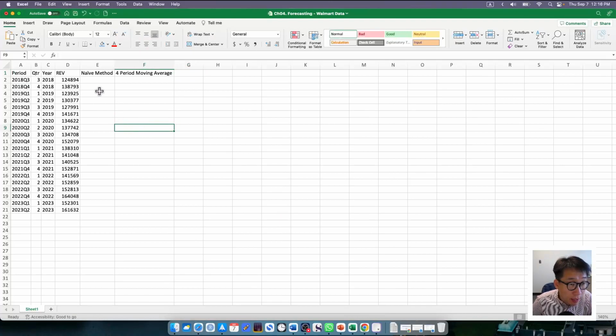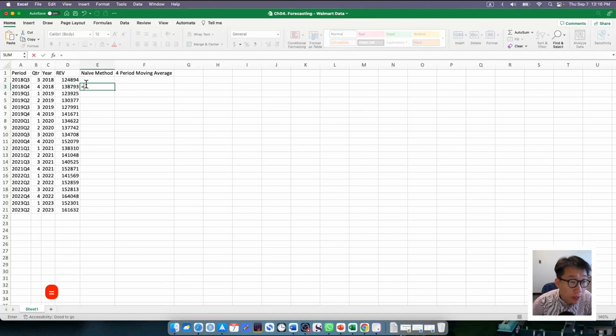So remember, with a naive method, your previous actual is equal to your prediction. So whatever actual revenue that you have observed for the previous period, that is essentially your prediction for the next period. So that's the relationship here.